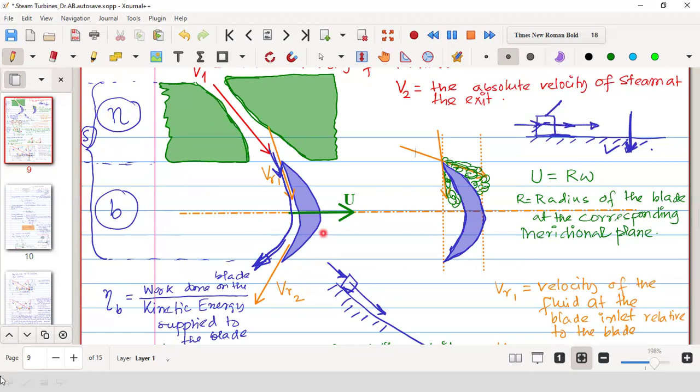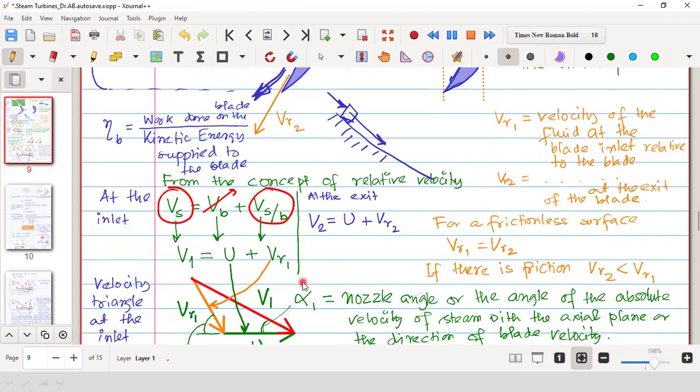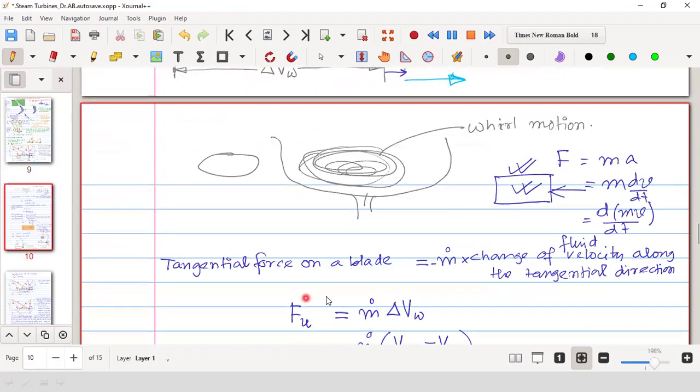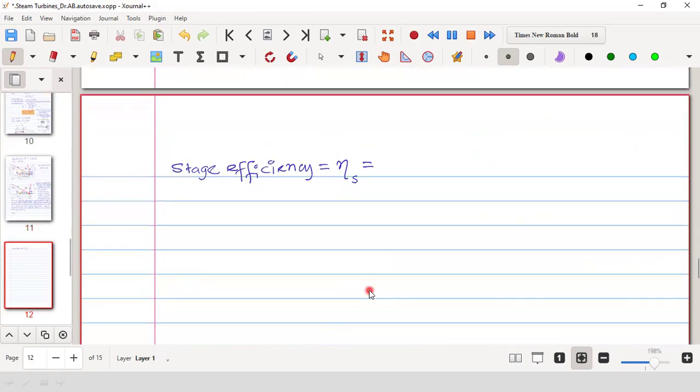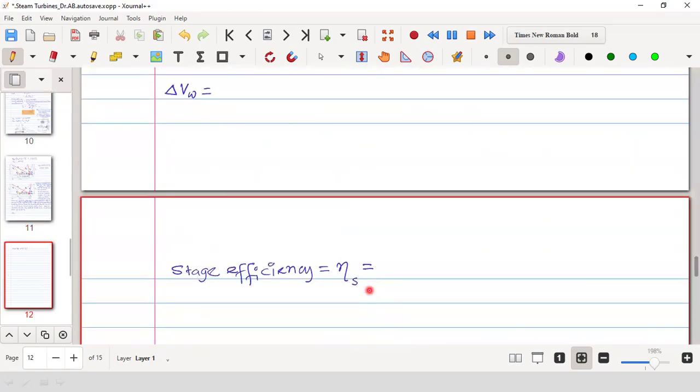So for the efficiency of the stage, we will write: stage efficiency is equal to the work done on the rotor divided by the isentropic enthalpy drop.